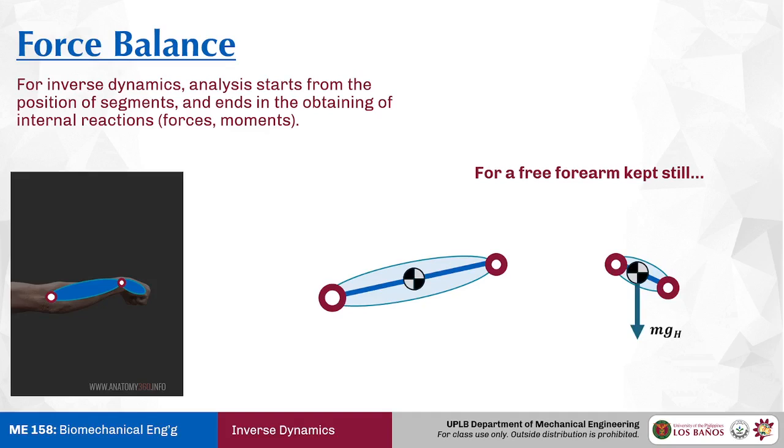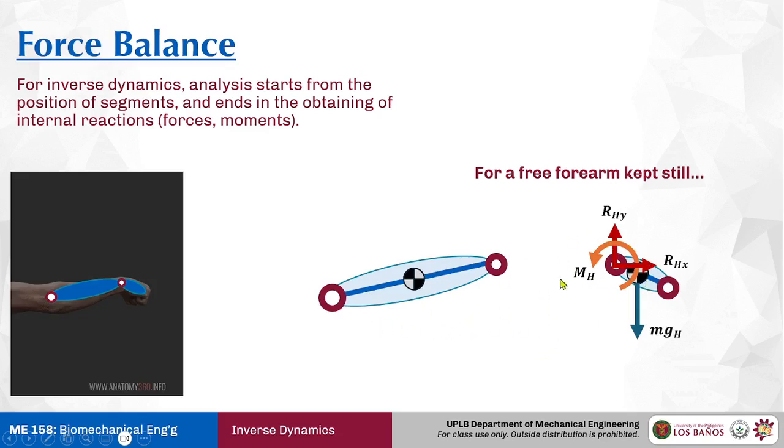It is being acted upon by gravity, but in order to maintain the position that it is in right now, your body has to generate some forces in your muscles and ligaments, and that can be simplified as reaction forces and reaction moments about the end segment of your hand. So you have horizontal and vertical reaction forces, and you also have that moment.